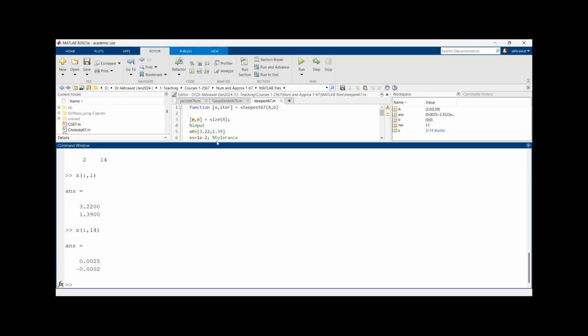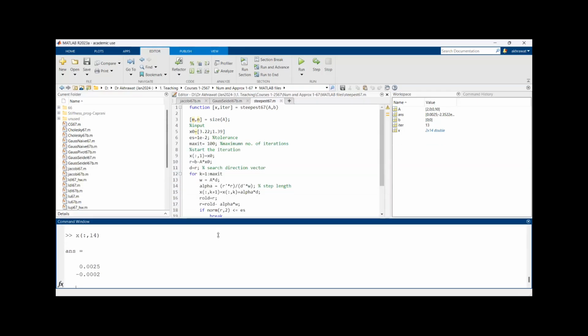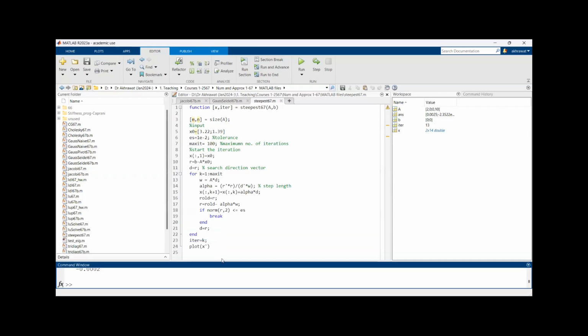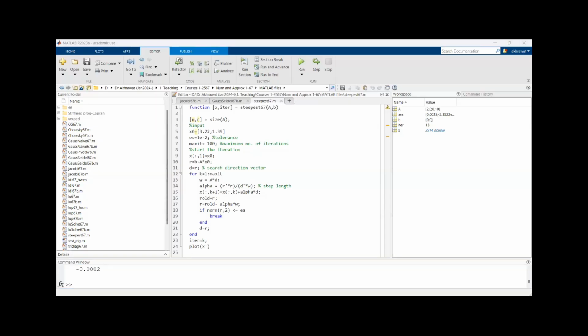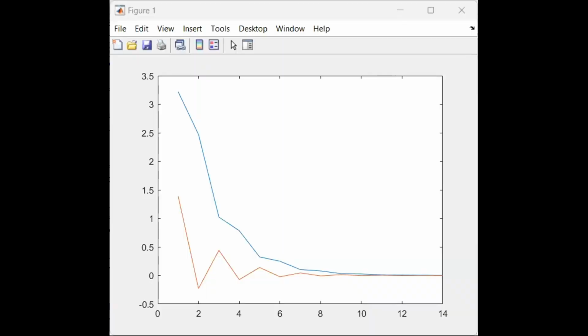Here is the steepest descent. Now we begin with the initial case, and let me show you the figure. I have to stop sharing the screen and then show you the plot. This is how my solution progresses. Now we have two lines representing the two unknowns.